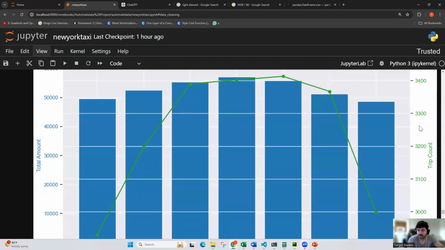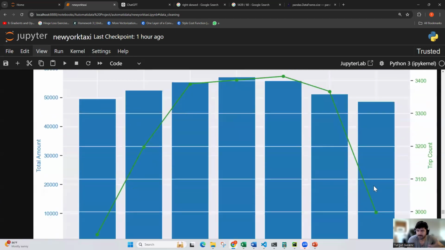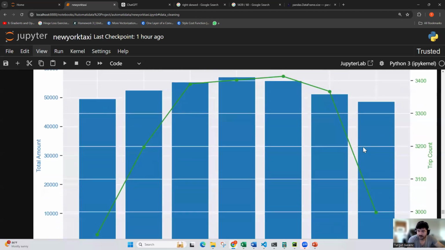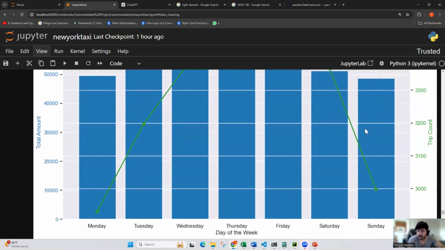What we can observe here, for example, is that we have almost the same revenue for Saturday and Sunday. I'm just going to explain it. We have a similar revenue, but there is probably less than 100 trips difference, but look at the trip count.